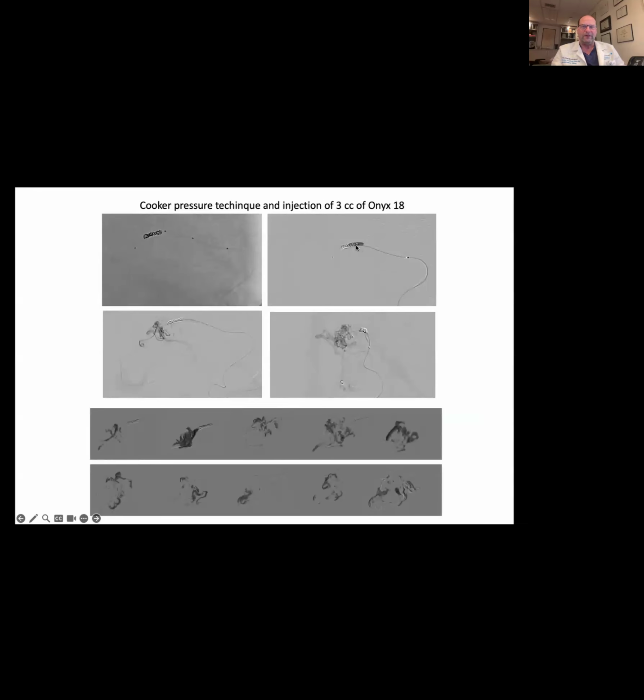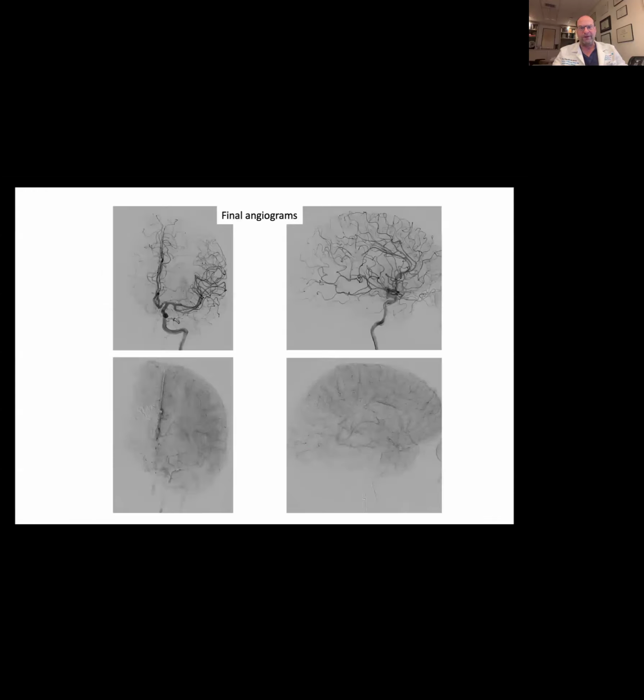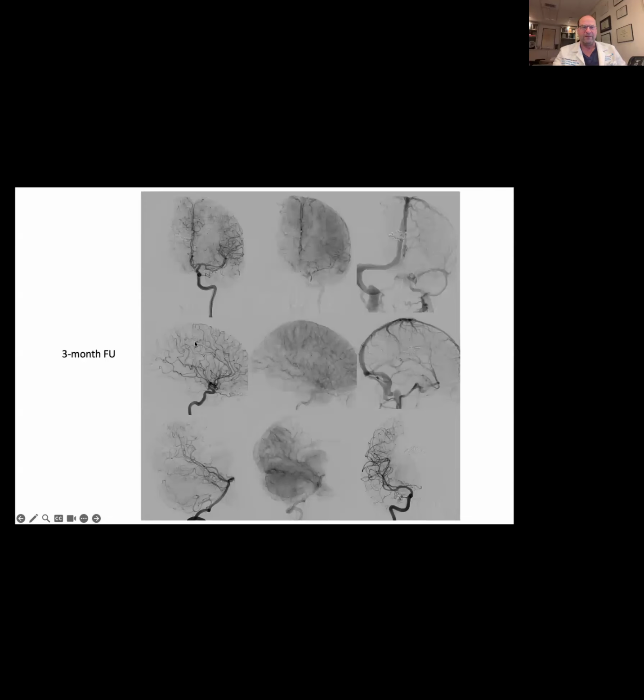We go in with two catheters side by side, put a couple of coils in there, and these coils prevent the Onyx from going back on us into normal brain tissue, and I can therefore only push the Onyx forward into the brain AVM, completely casting the AVM without risking any reflux towards normal brain. And this is the final angiogram, and you can see here nicely that the patient is cured. This is the MRI, no deficit in the brain, no stroke, and this is the 3 months follow-up with a very nice result.